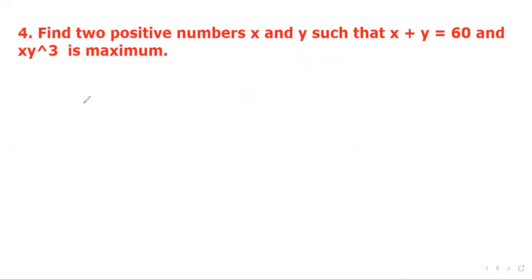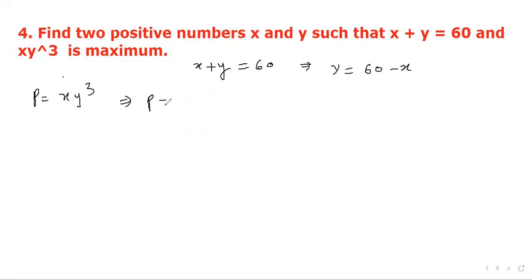Consider the next question. Find two positive numbers x and y such that x plus y equal to 60 and xy cube is maximum. So x plus y equal to 60, from where we get y equal to 60 minus x. Then we denote xy cube as p.